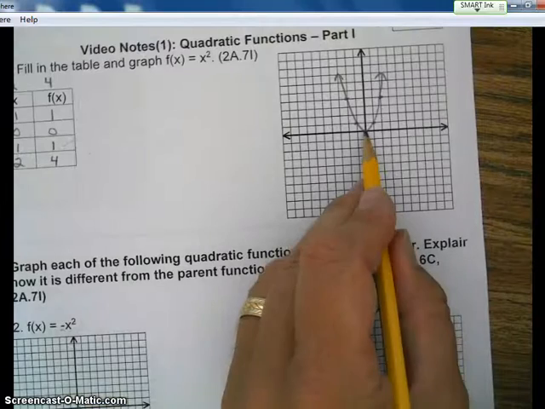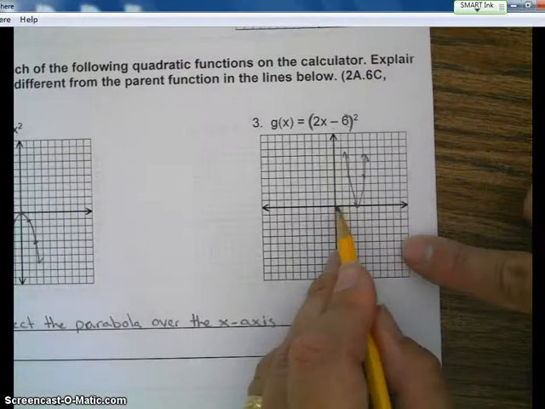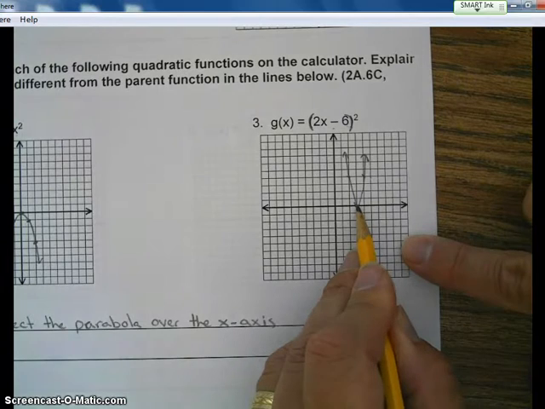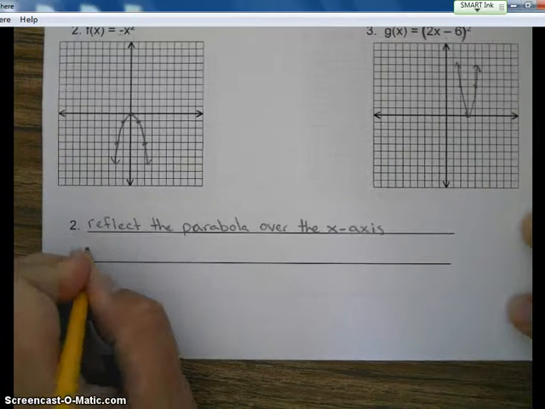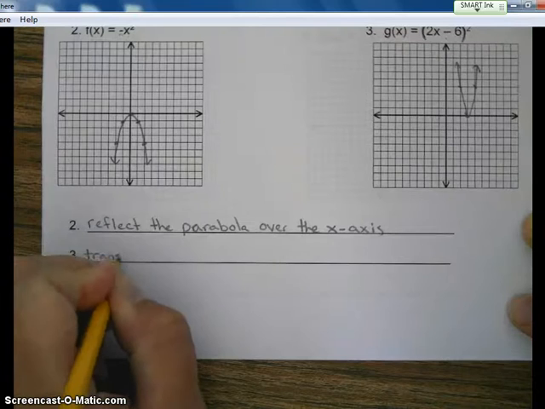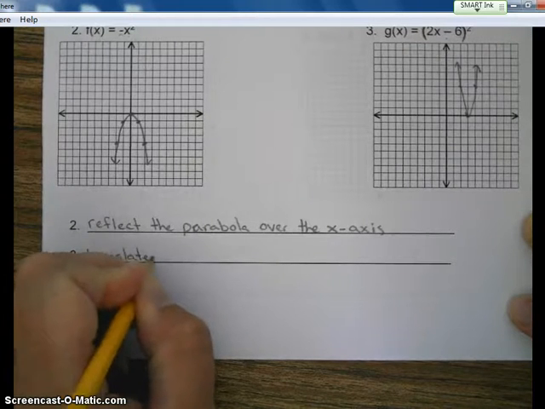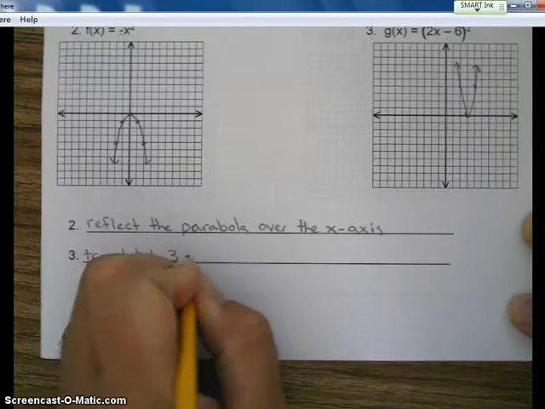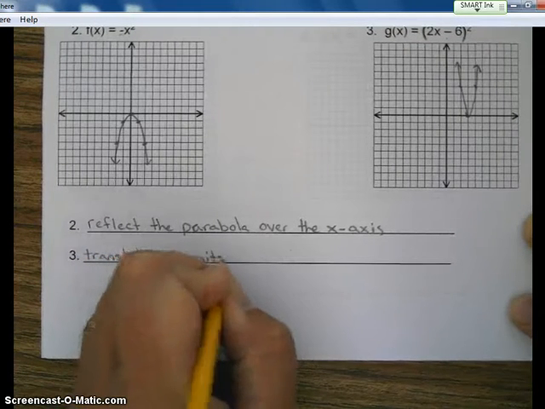Notice in the parent, the vertex is at 0, 0. So it's different because it has been translated over to the right 3 units.